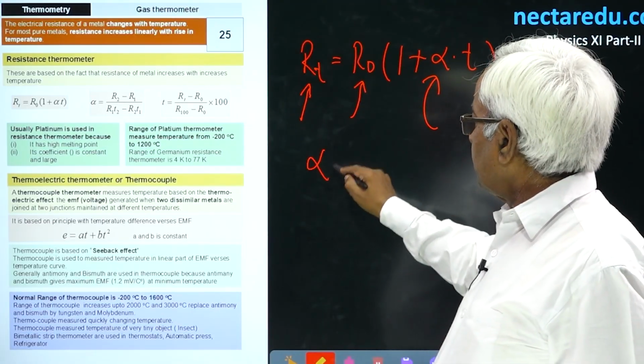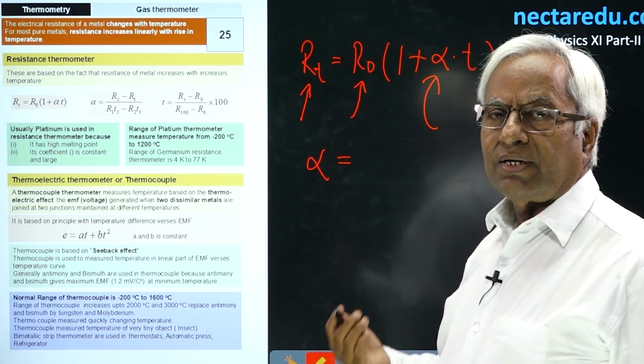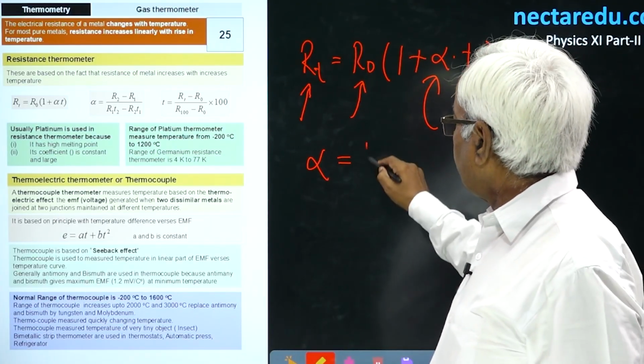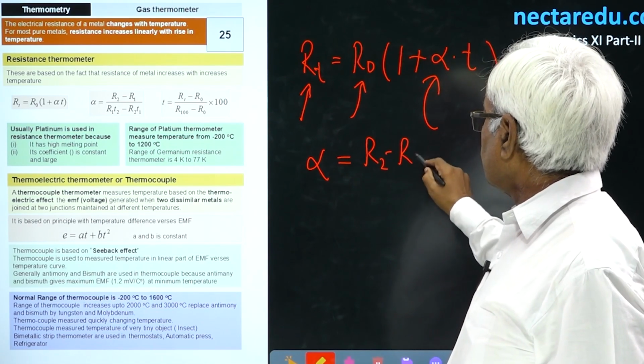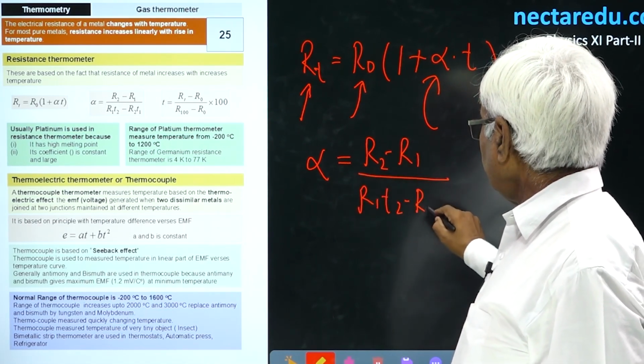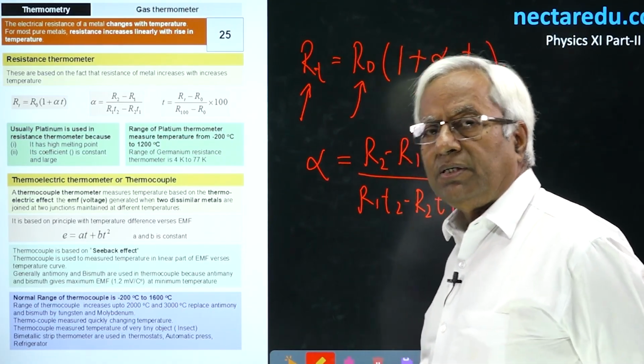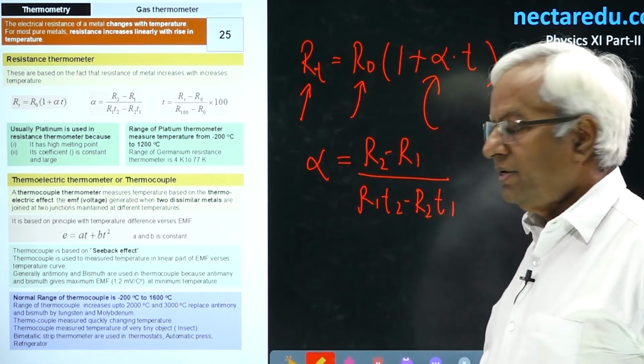With the help of that, if we have two temperatures, T1 and T2, with resistances R1 and R2, then alpha can be calculated by this relation: alpha = (R2 - R1)/(R1 T2 - R2 T1). Suppose in place of T1 and T2 you prefer 0 and 100 degrees Celsius.